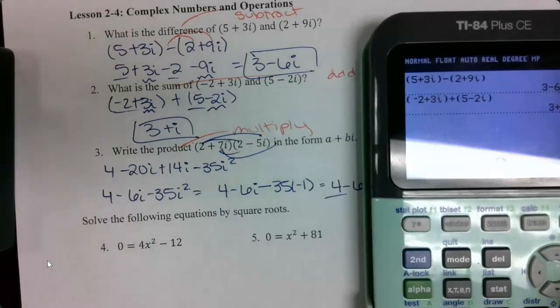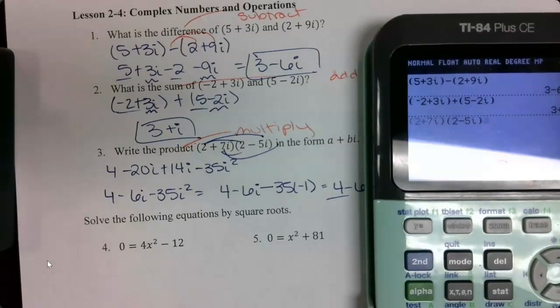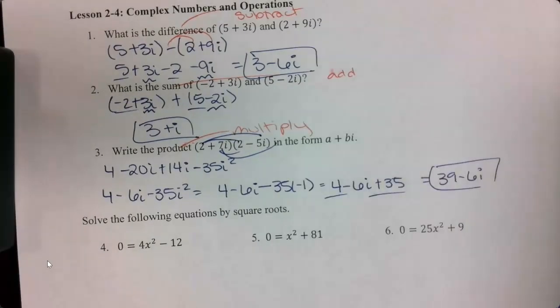If I do this on my calculator, I'm going to do 2 plus 7i, and then 2 minus 5i, which gives me the 39 plus 4i that I got on paper.